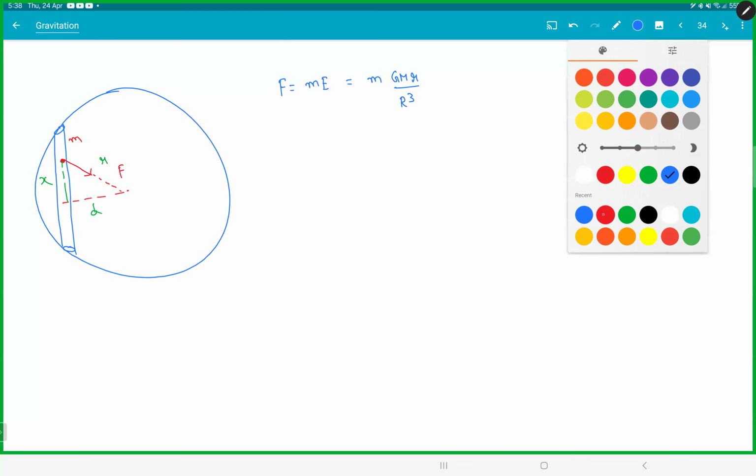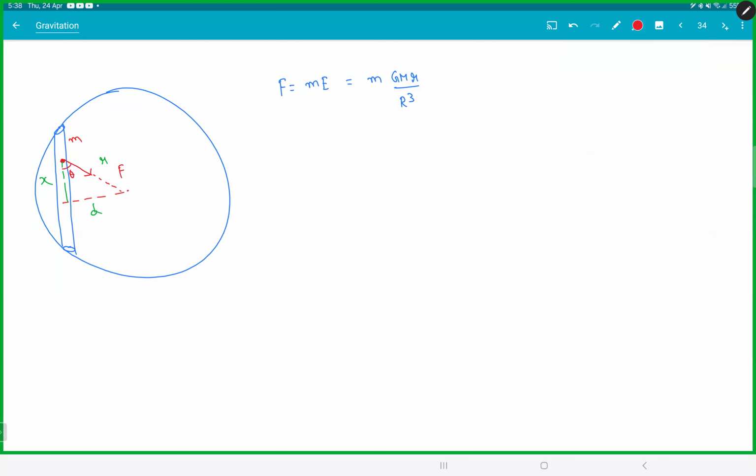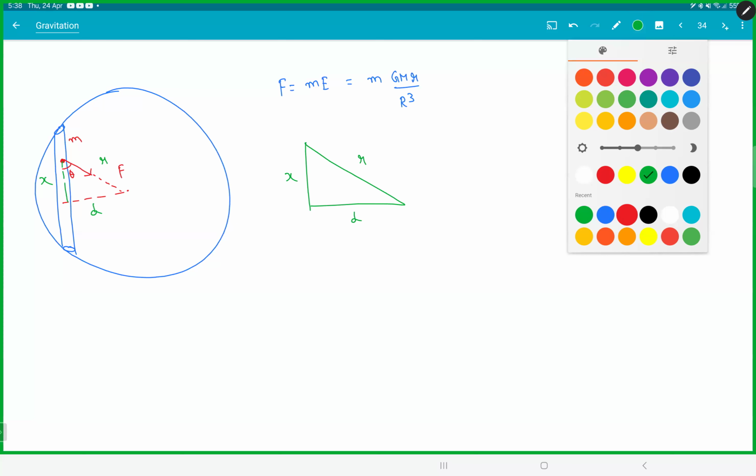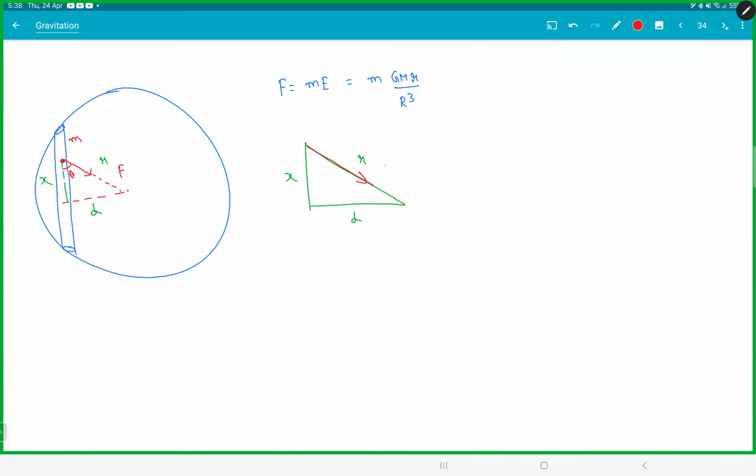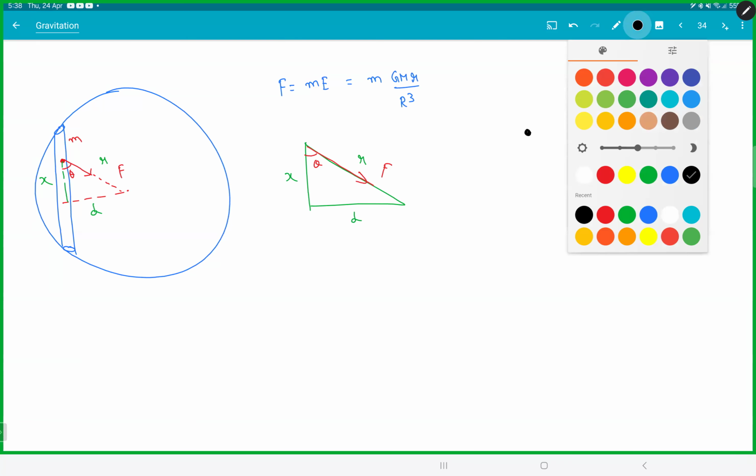And this angle, let this be theta. So if I just draw the triangle again, so this was x, this was d, this was r. The force was acting like this, and this was the component. So if you draw the FBD of this particle, you will realize, see the forces on this.